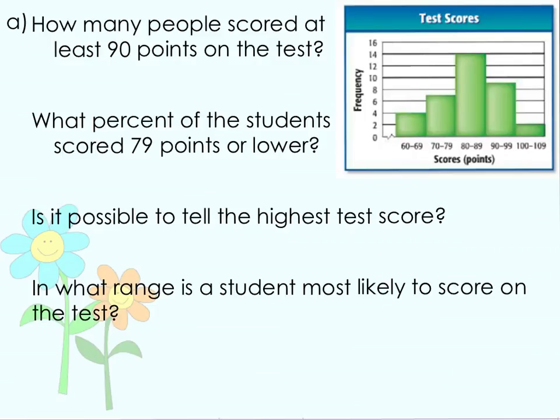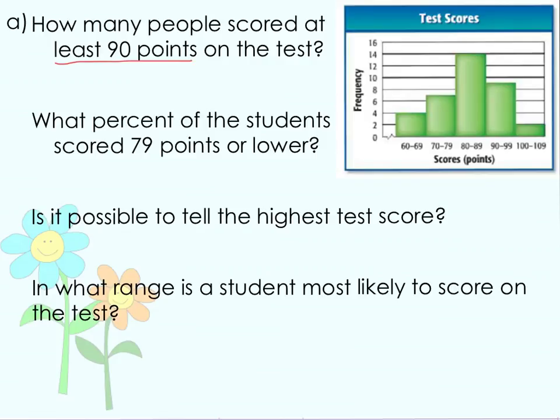So the first question, how many people scored at least 90 points on the test? So again, if you don't want to write it all, I'll kind of underline the important things that you should put in your notes. So maybe put at least 90 points is what we're going to do for this first question. So if we want to know how many people scored at least 90, we're going to include any bars from 90 on up.